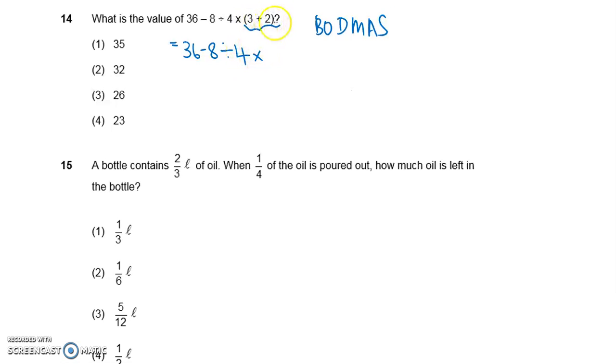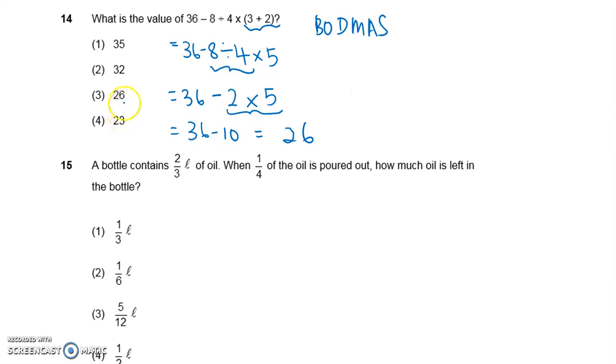So times 3 plus 2 is 5. So next, go to the division first. So 36 remains the same. Minus 8 divided by 4 is 2 times 5. Okay, so next I'm going to do the multiplication. So 36 minus 10. So 36 minus 10 is 26. Answer is 3.